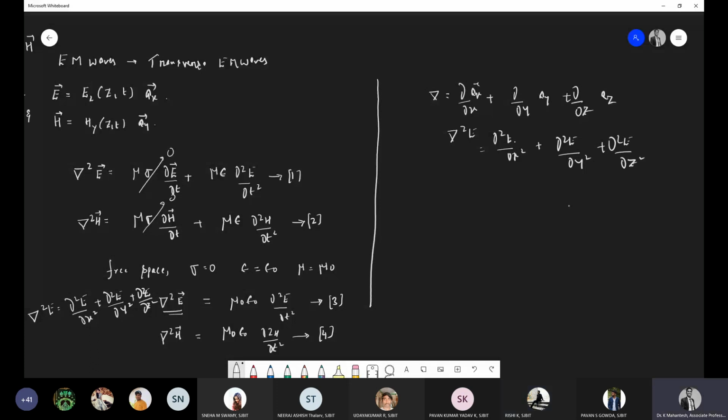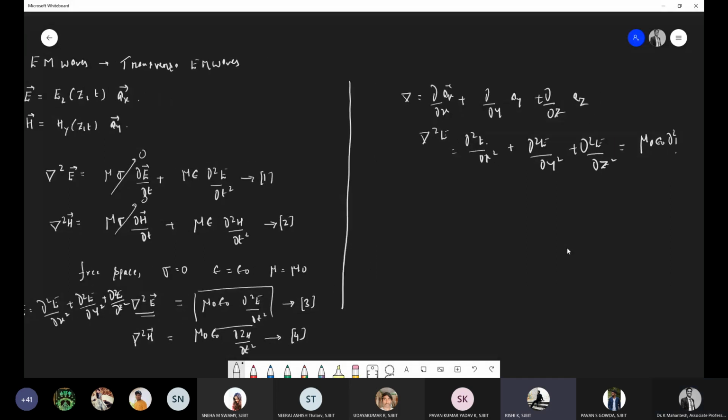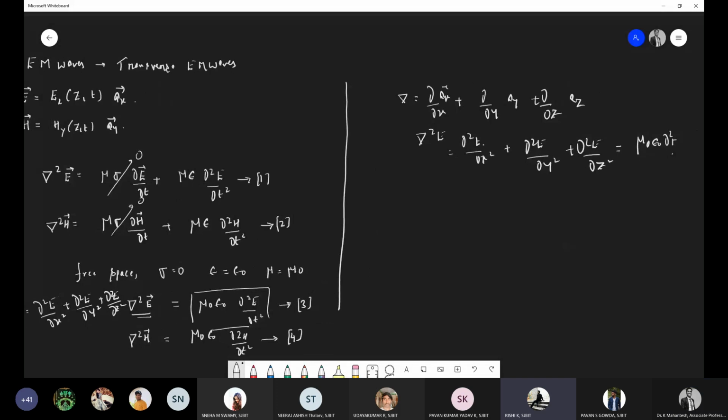And this is equal to the right hand side, mu naught epsilon naught dou square E by dou t square. But what happens with respect to this del square E?